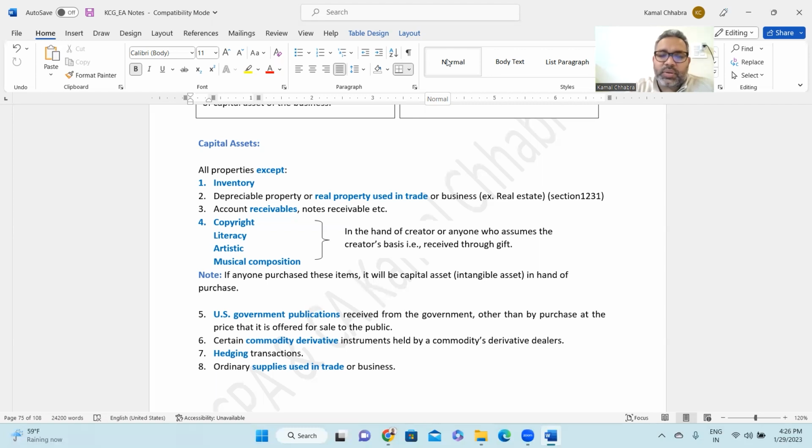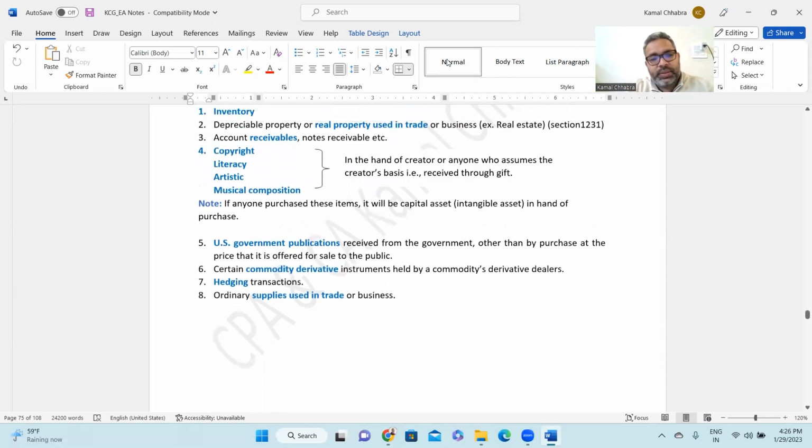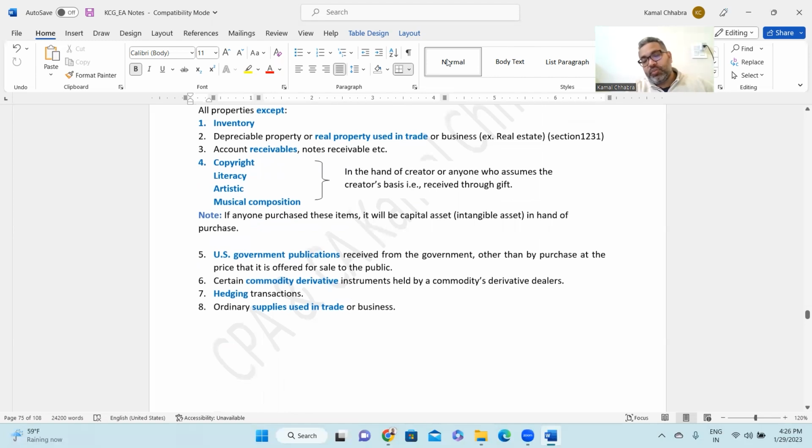Next is US government publication received from the government other than by purchase at a price that is offered to the sales of public at large. Certain commodity derivative instruments held by commodity derivative dealers, hedging transactions, ordinary supply used in a trade or business. These are all things not considered as a capital asset.